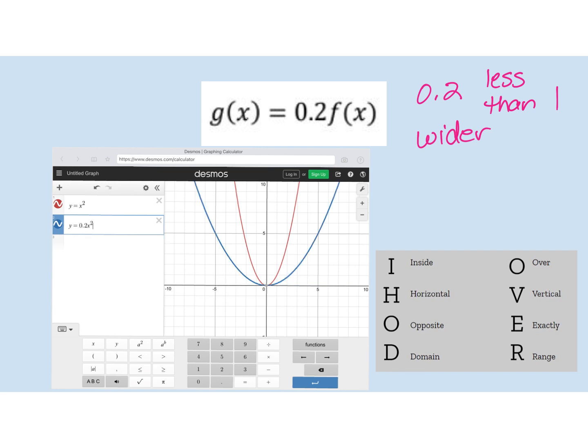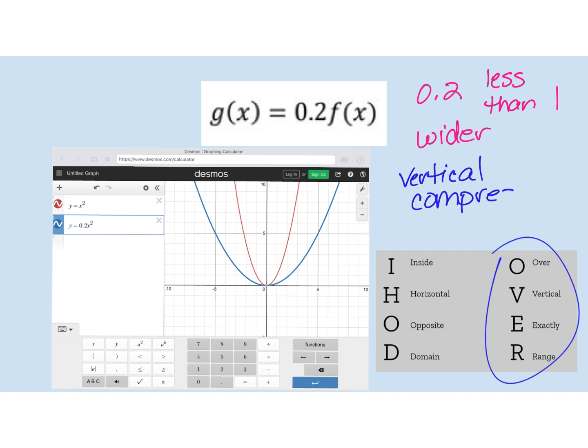So you notice it does get wider. Now, because it's outside of our parentheses, it's vertical. So because it's getting wider, we're holding that parabola vertically, so up and down, and it's getting wider, so that means I'm pushing it down. So in order to get it wider, this would be a vertical compression to make it wider. That's key.